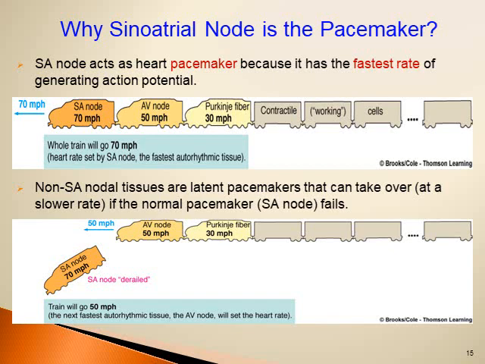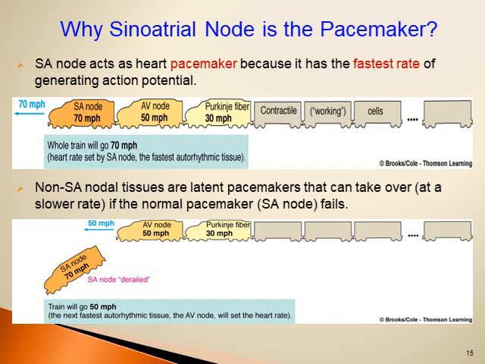If the SA node fails, then the AV node will become the pacemaker of the heart. If both SA node and AV node fail, then Purkinje fibers will become the pacemaker of the heart, but the heart rate will be around 30 beats per minute because they have a lower rate of action potential generation.